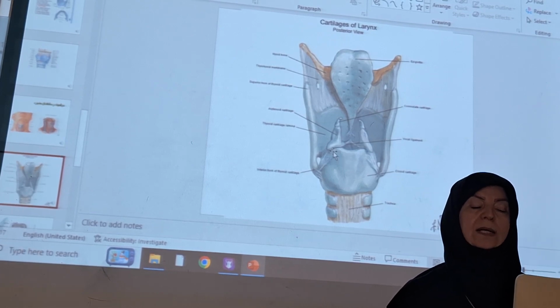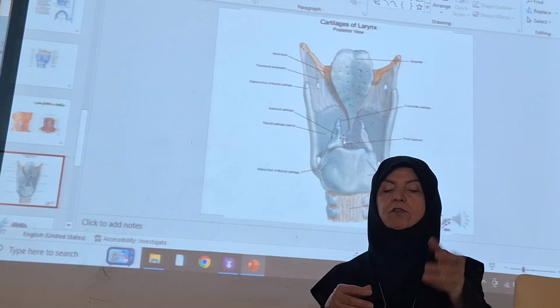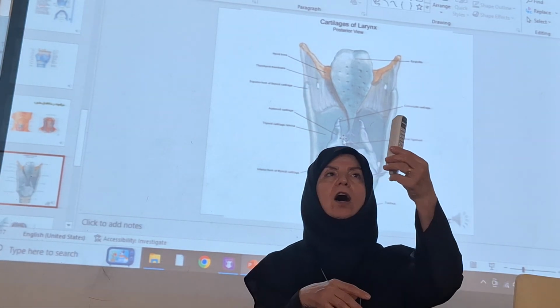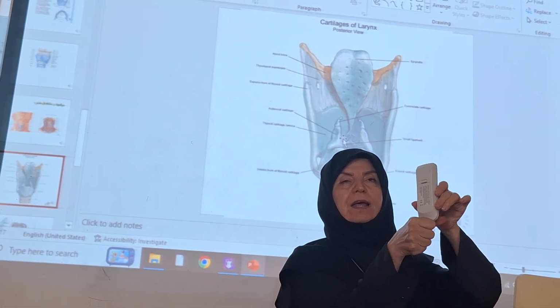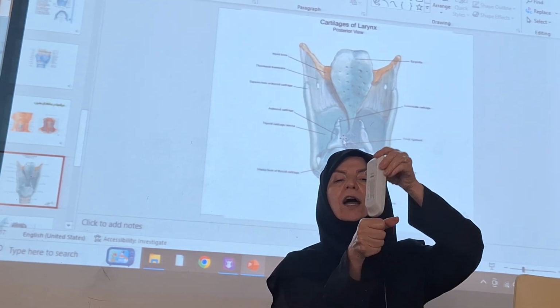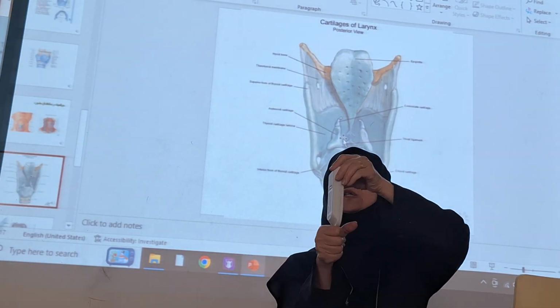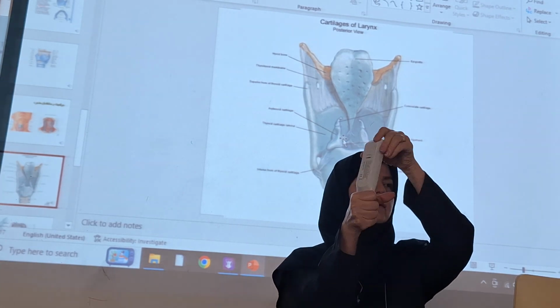This joint is a kind of synovial joint. If you imagine, here is the arytenoid and here is the superior border of the lamina of the cricoid, this joint is a synovial joint. So they are going to slide here.